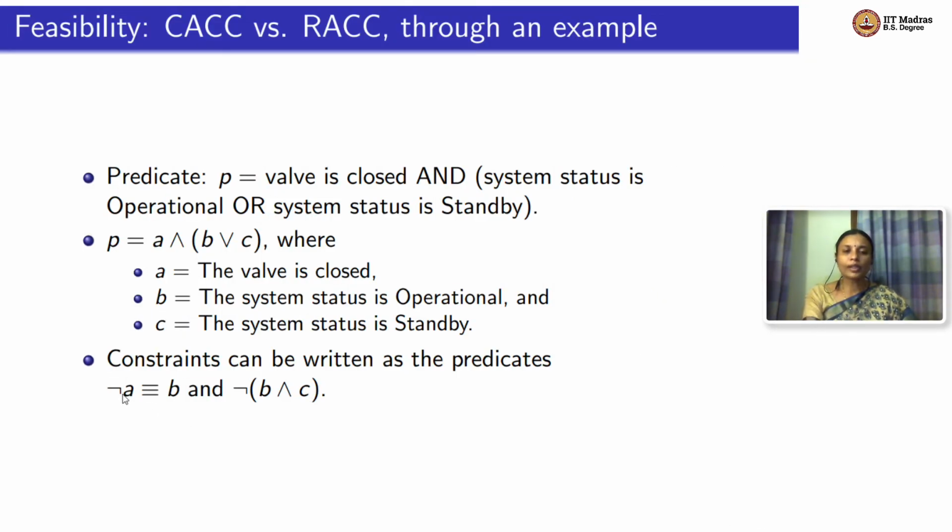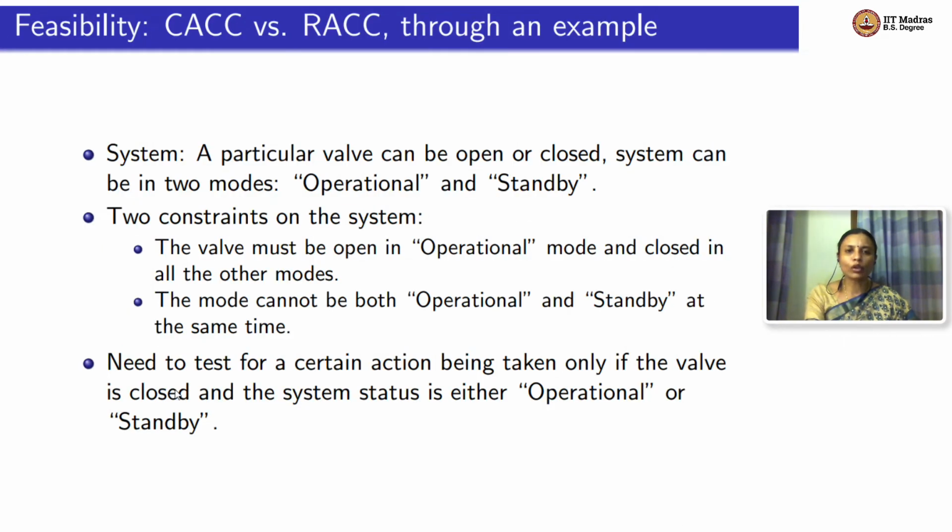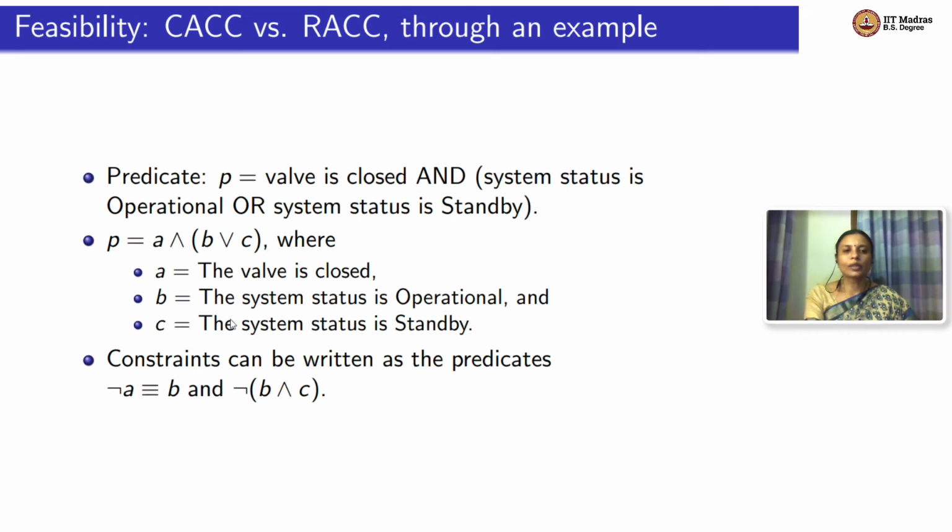The first constraint says not A is logically equivalent to B. That is, the valve is not closed, which means the valve is open, means that the system is operational. That's exactly what this constraint is: the valve must be open in operational mode. Is this clear?